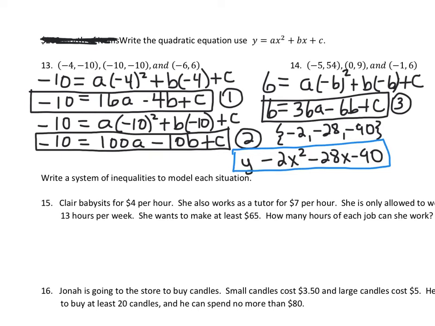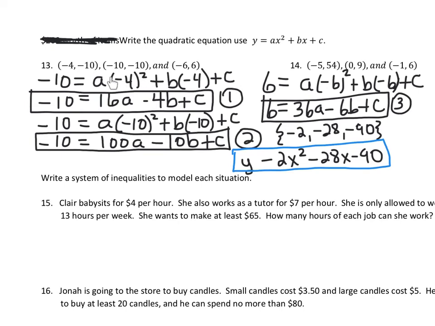So the first one we're going to do is we're going to take this (-4, -10), and we're going to set this up into our quadratic equation. So y is -10, so I put -10 here, equals a times, and then everywhere there's an x, I'm going to put -4. (-4) squared plus b times (-4) plus c.